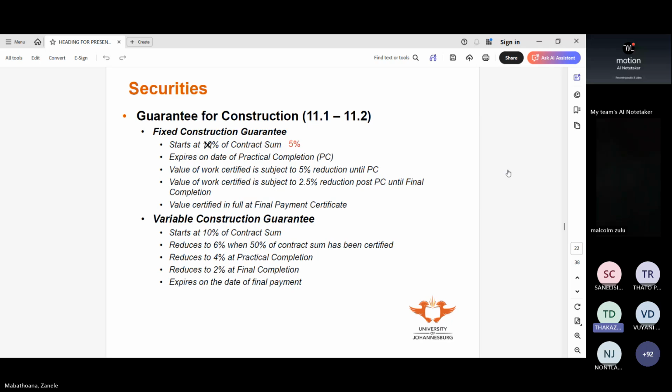Am I understanding it properly? And then also when it goes to variable construction, the 10% of the contract sum, does that mean that we are retaining the 10%, which would be 1 million of that contract sum? I just would like to get clarity in terms of that, if I'm understanding you correctly.